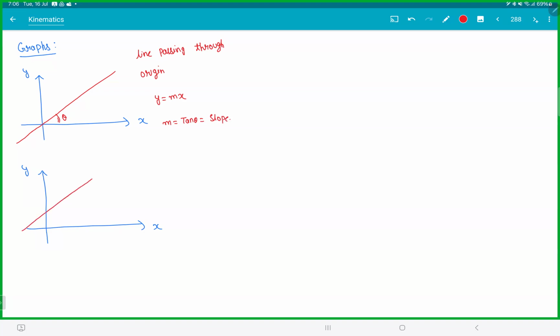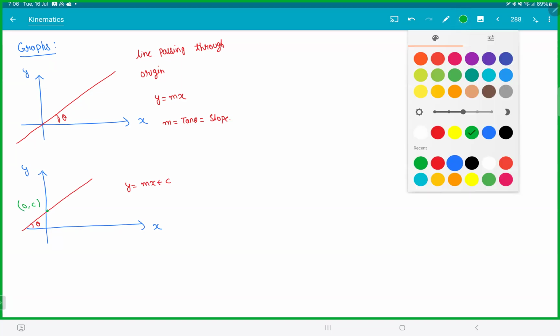Suppose you have a line not passing through the origin, then this will be y = mx + c. This angle will be theta. This coordinate is (0, c). I'm just trying to show you how the graphs look.